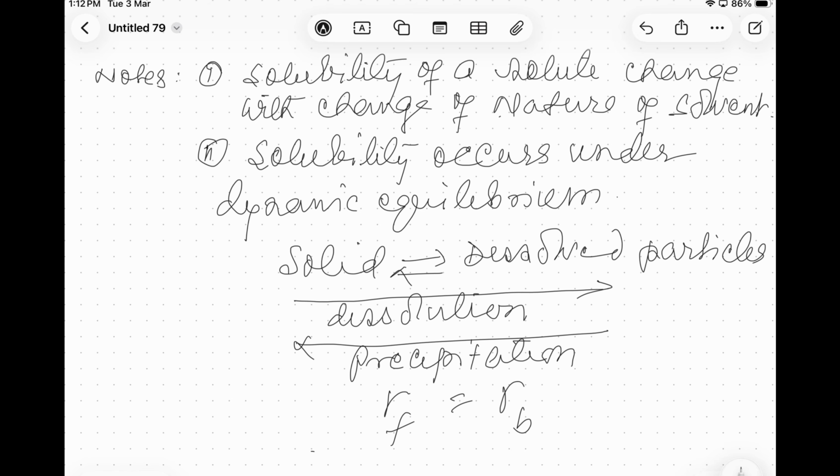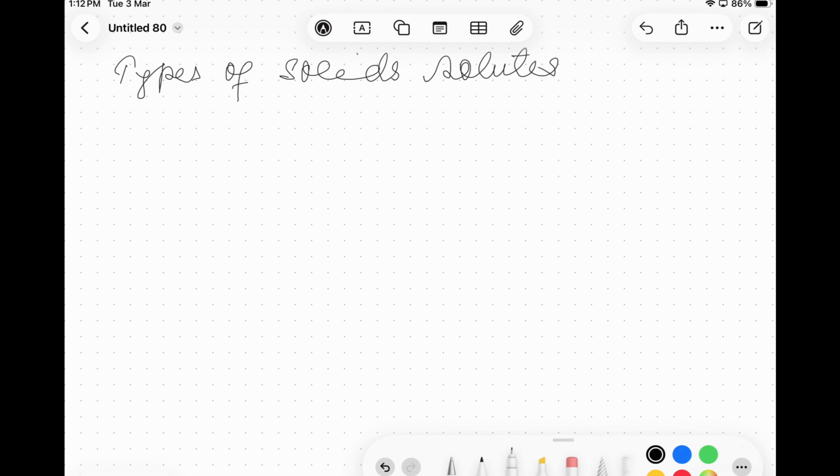Let us discuss point number two, types of solid solutes.